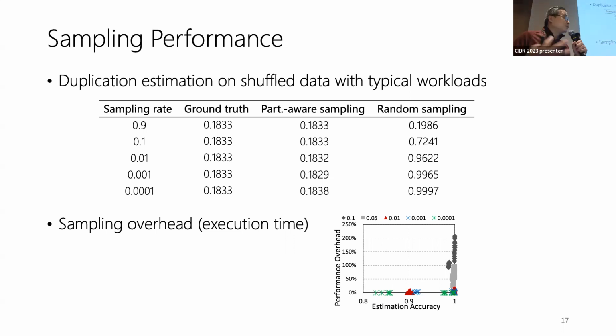On the other hand, if you do random sampling, the results can get bad really quickly. This graph shows the trade-offs in partition-aware sampling, where if you sample a lot, it causes high overhead and high variance in your performance. But if you're willing to sacrifice a little bit of accuracy, the sampling overhead drops drastically.